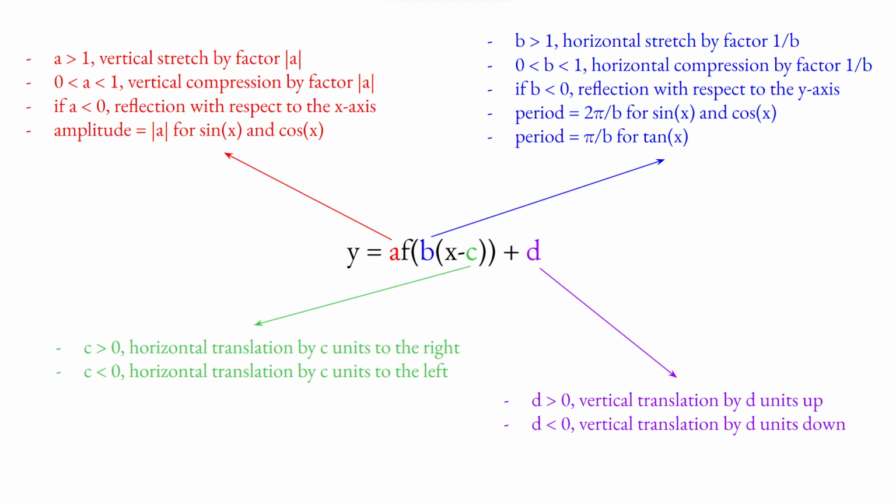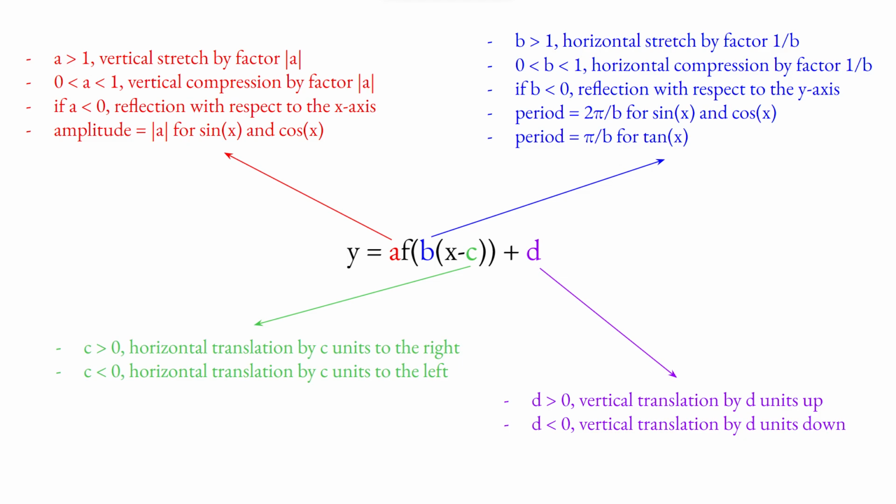And the period for both the sin and cos function is 2 pi over B. So if you have the period, you can solve for B by rearranging. And the period for tan is pi over B.